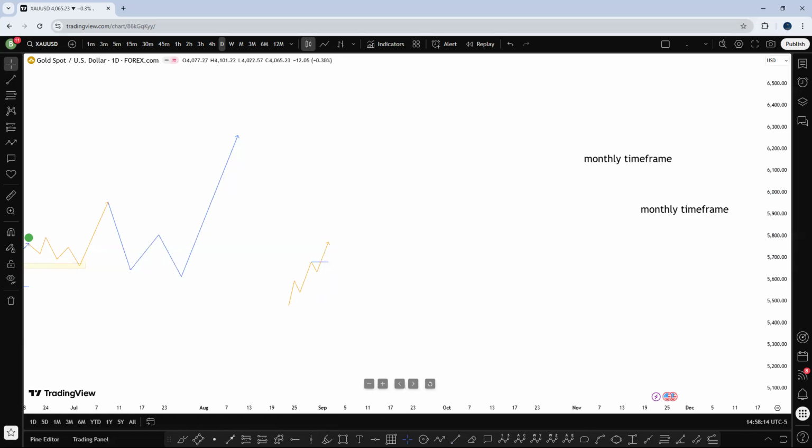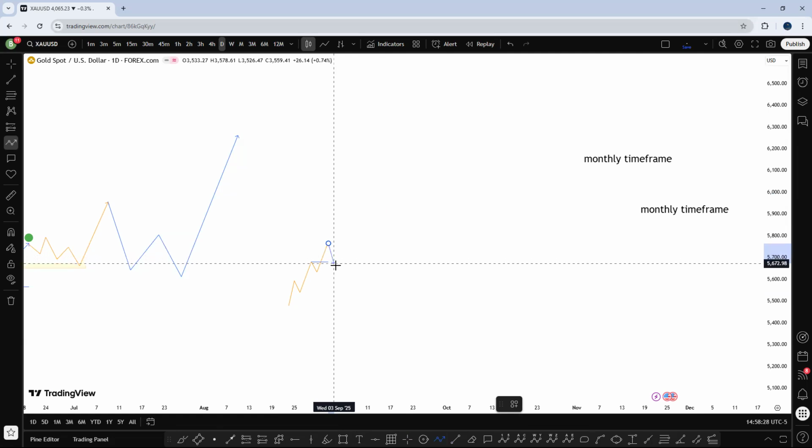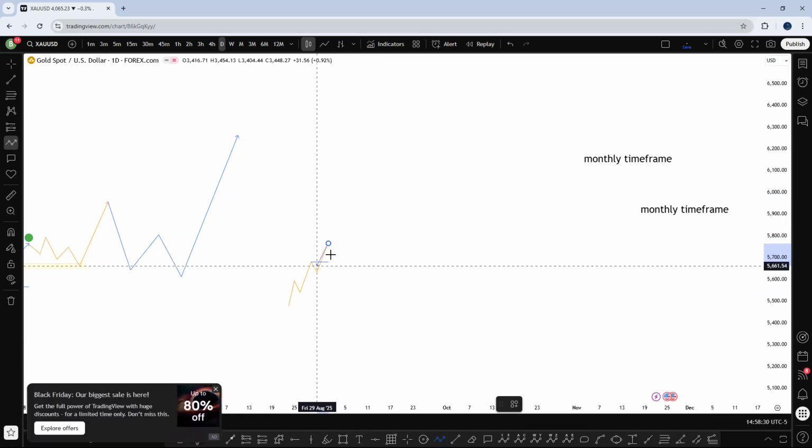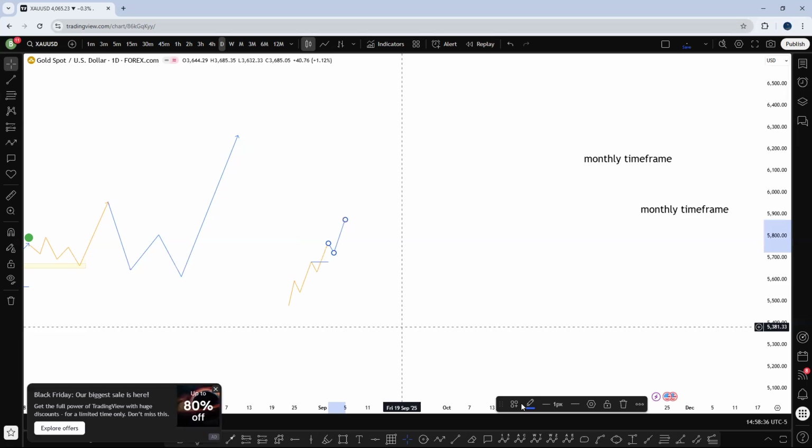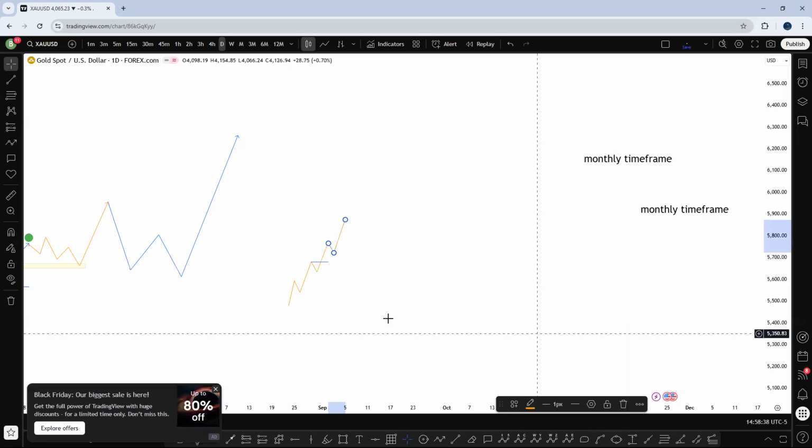So once you have expansion, what do you expect? You expect retracement. The problem is when a retracement is forming and when will it end? So if this retracement is forming, it doesn't mean it will end here to this other block. No, it may form like this small move, and then the price continues to go higher.